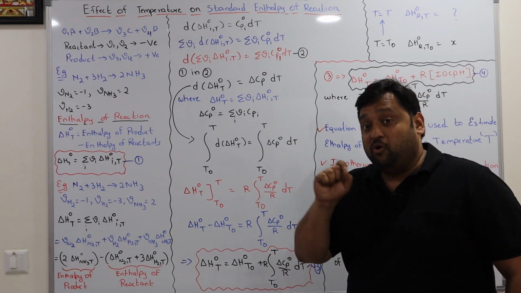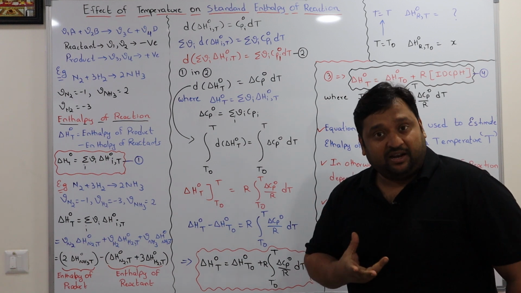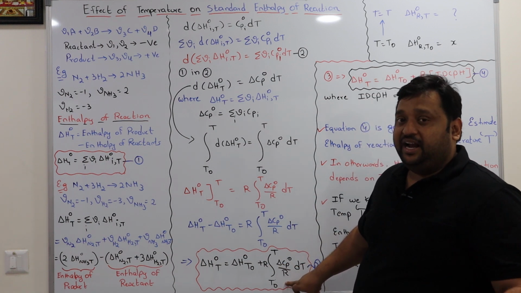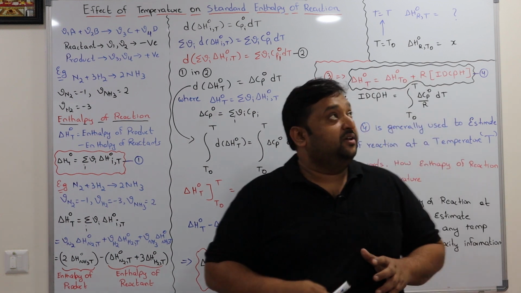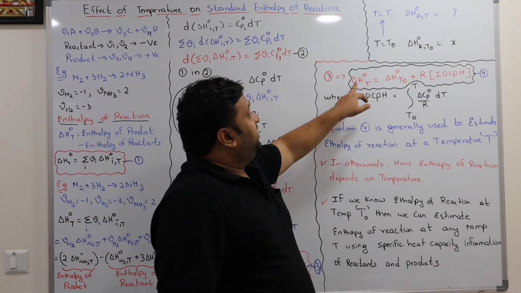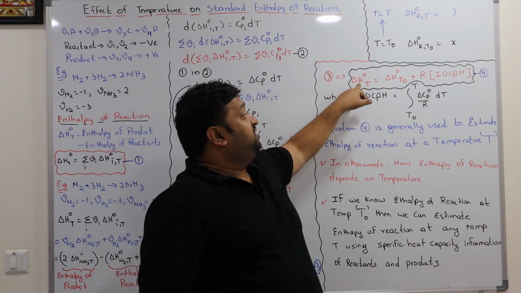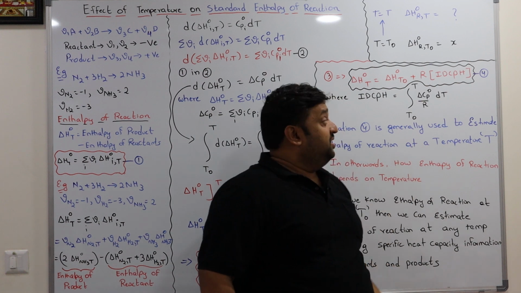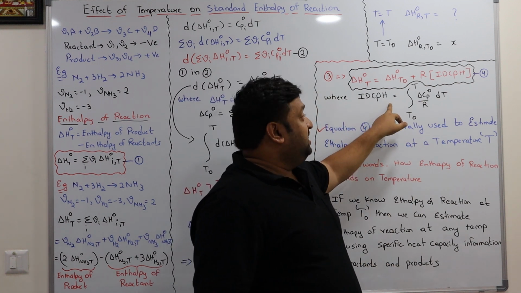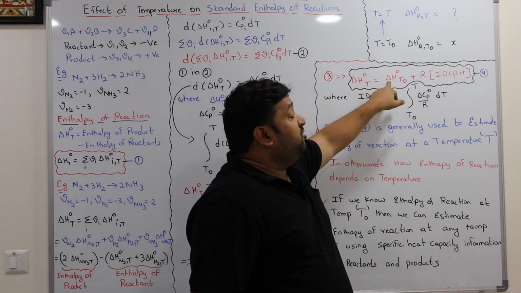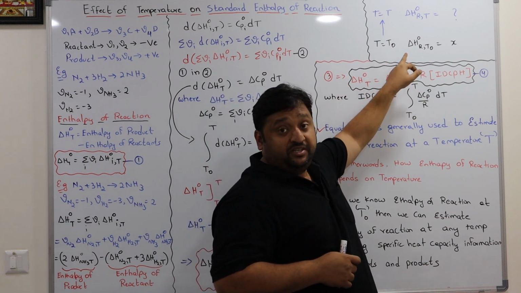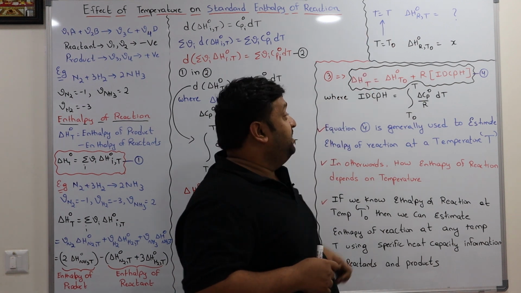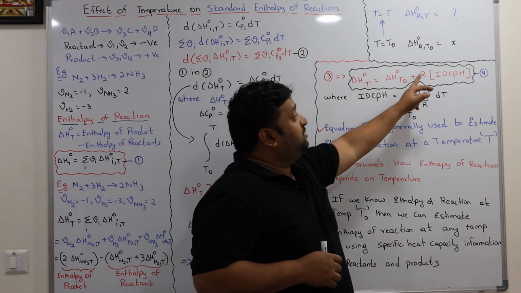In the books, like Smith and Van Ness, this integral has a specific name, IDCPH. So delta H at any temperature is equal to delta H at a known temperature plus R times IDCPH. That means if you know IDCPH and delta H at a known temperature, then you can find delta H at temperature T. This is the final expression.